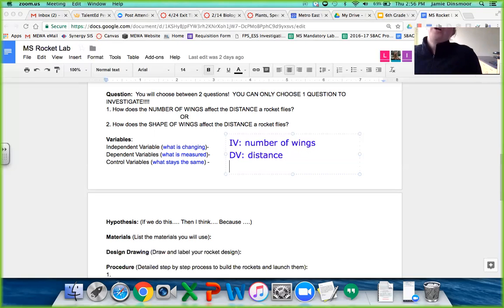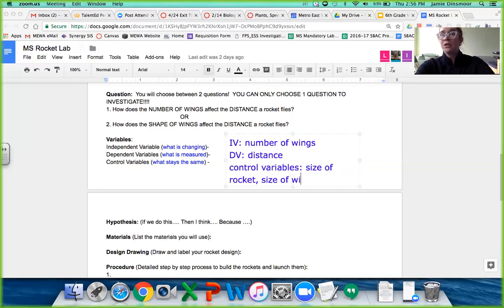And then control variables, what kinds of things are we going to need to keep the same? If we're doing number of wings, what do we have to keep the same? Maybe the size of the rocket? Size of rocket, probably size of wings too, right? Because we just want to change the number. We don't want them to be smaller suddenly.